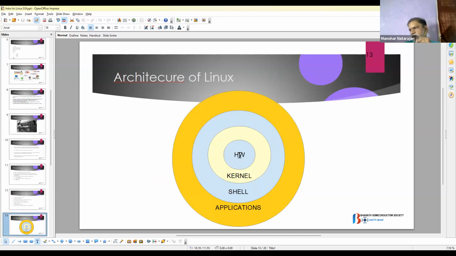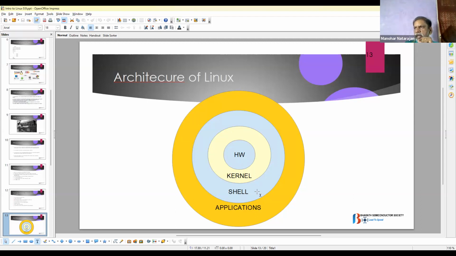Hardware is nothing but your processor, your memory, your input-output devices. So you have your keyboard, your display, network, Ethernet, USB, all these input-output devices, and then the processor and memory. And then you have the kernel. So kernel is the core of the operating system.